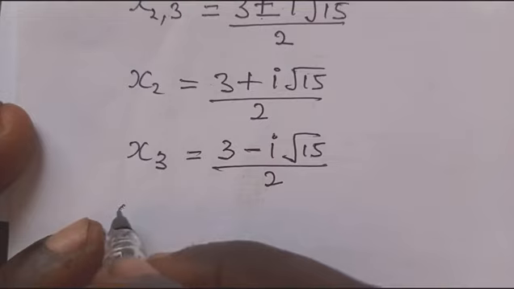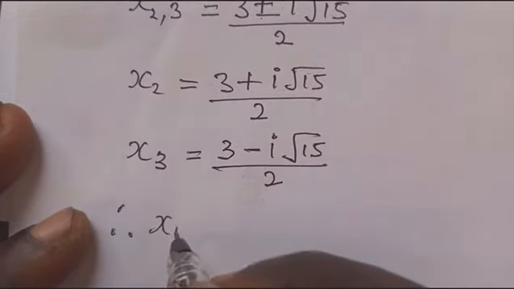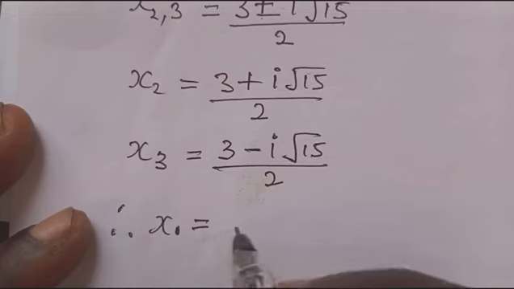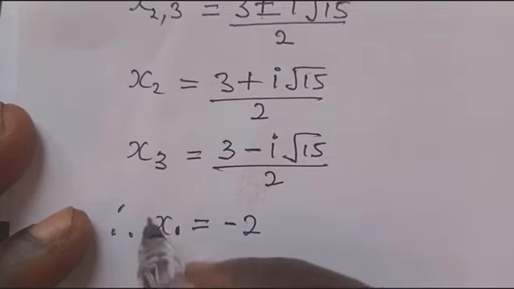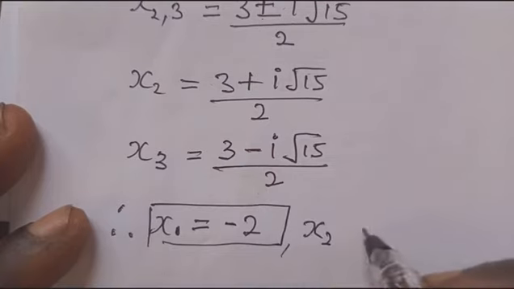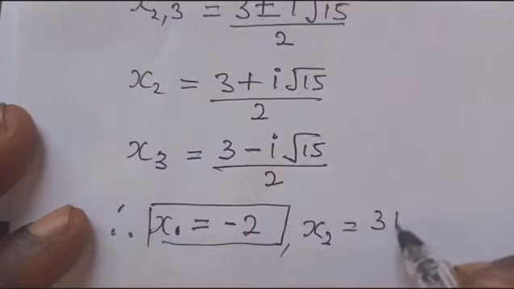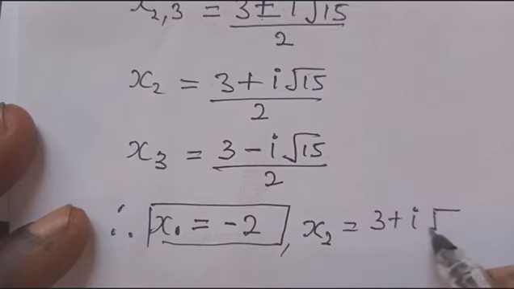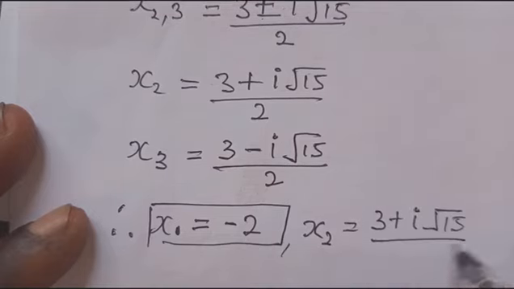So therefore, our x1 is equal to minus 2, x2 is equal to 3 plus i square root of 15 divided by 2.